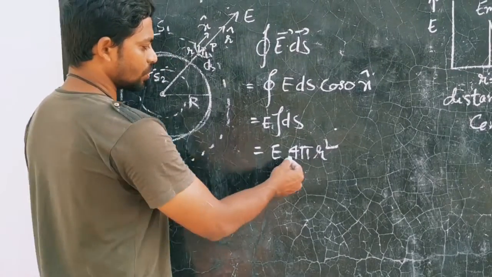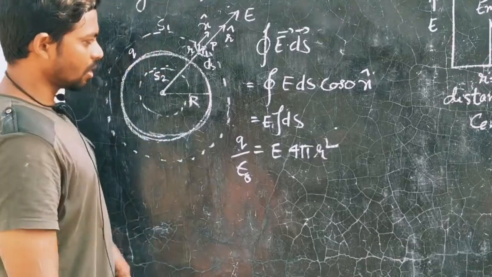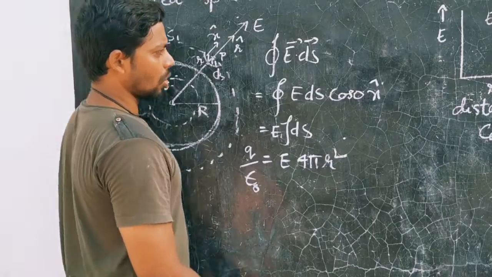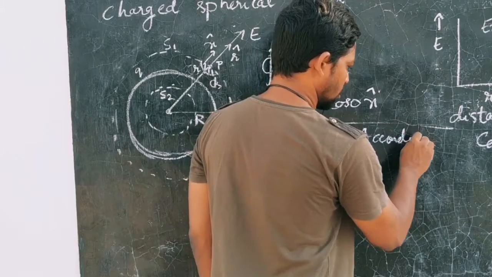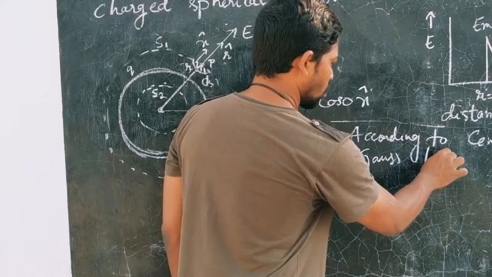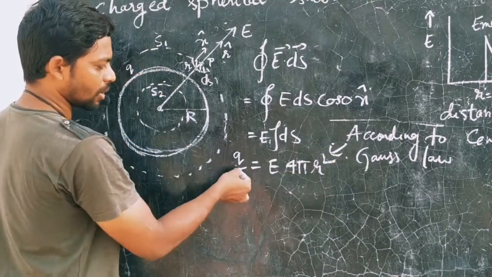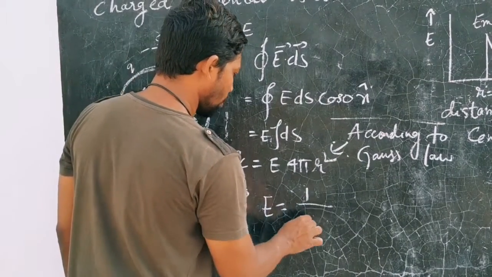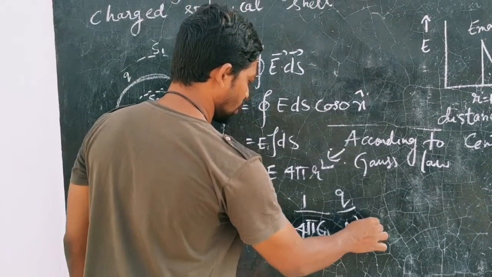Now we equate this to q by epsilon naught, because that is the flux value according to Gauss law. So from this we can write E is equal to 1 by 4 pi epsilon naught q by r square.